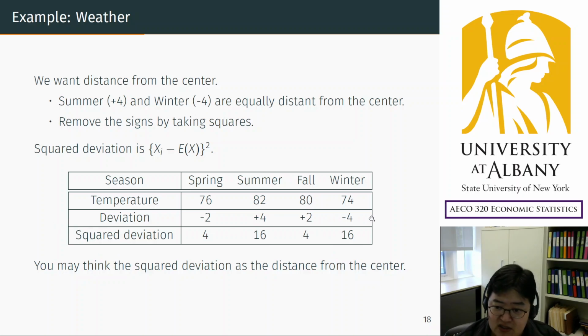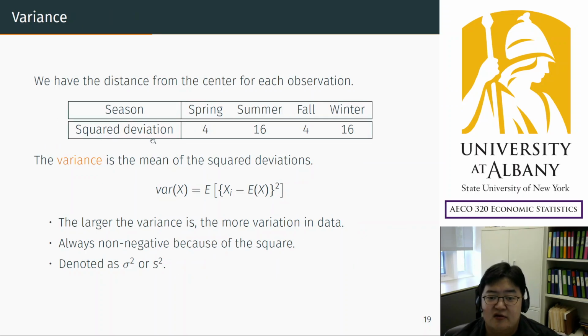We may interpret this as a distance from the center for each observation, right? And then take the final transformed random variable, 4, 16, 4, 16, and take its average. Just take an average of this.